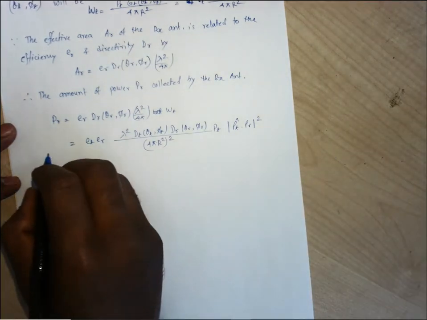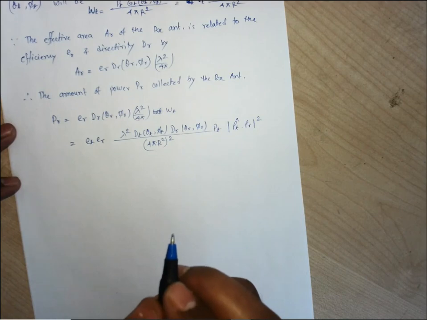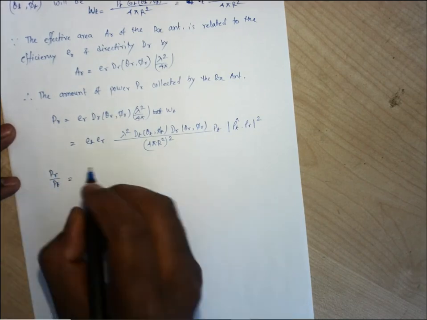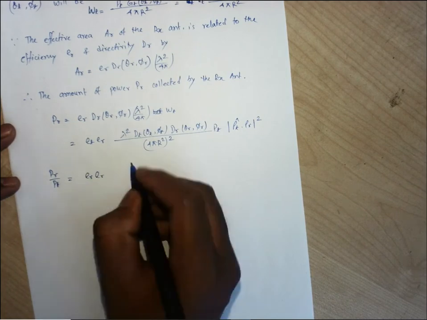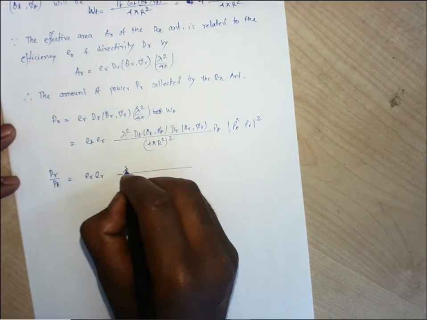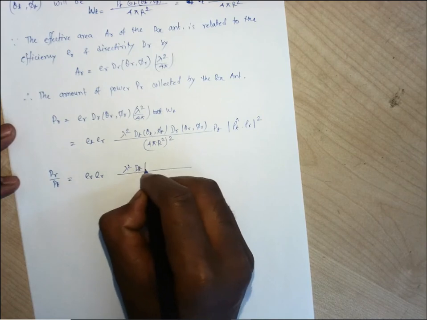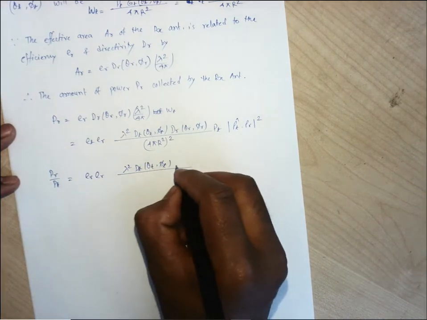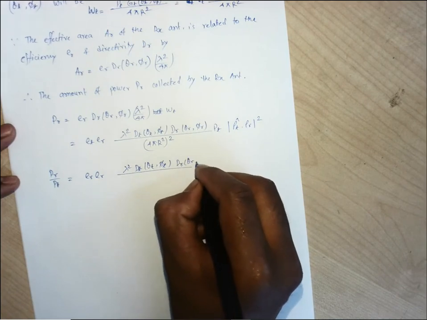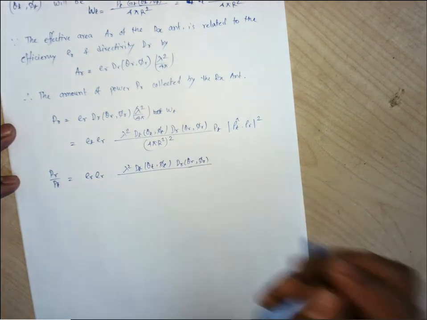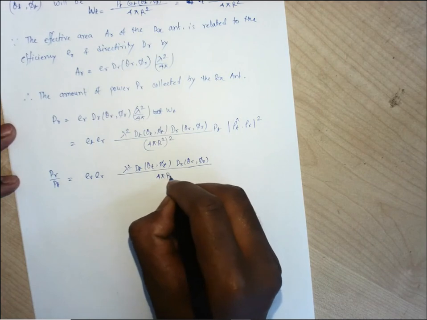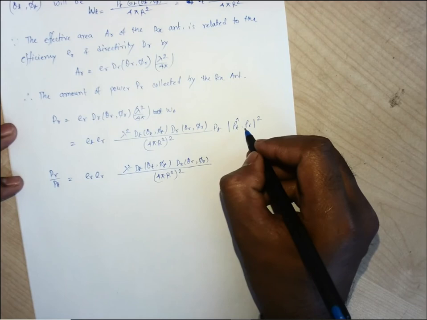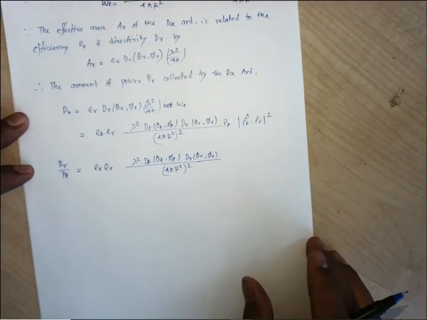Now the ratio of received power to the input power, P_R/P_T, is e_T e_R λ² D_T(θ_T, φ_T) D_R(θ_R, φ_R) / (4πR)². What does it mean? It is having the matching.